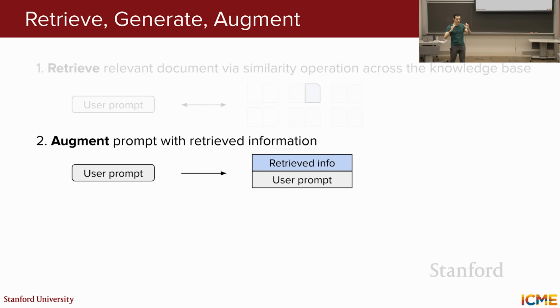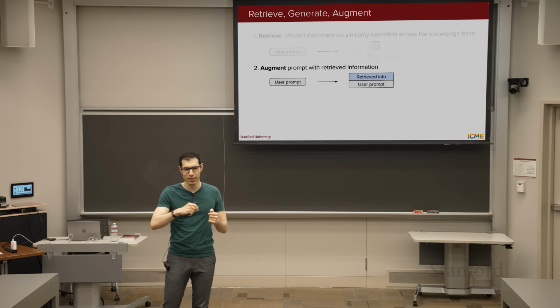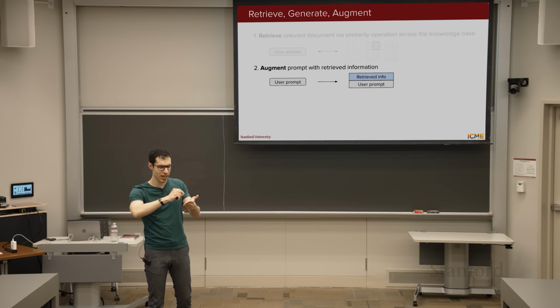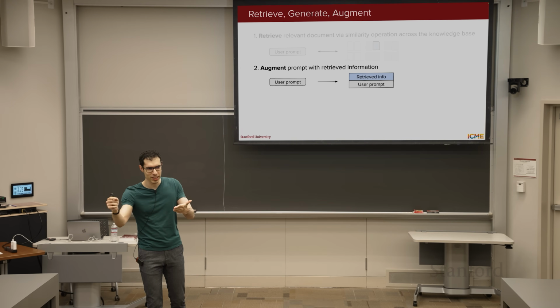The second step is, once you have fetched the relevant information, you augment your prompt. You take that retrieved info, put it in your prompt, and then ask the question. In the local election example, it's as if I was saying, who is the winner of this election? Then I retrieved the relevant piece of information, and now the prompt becomes: who is the winner of this election?